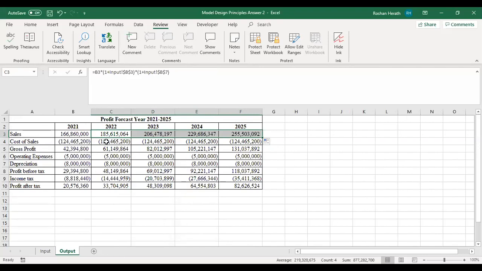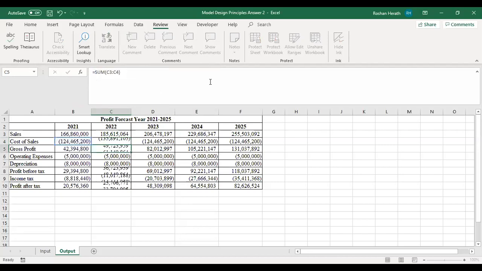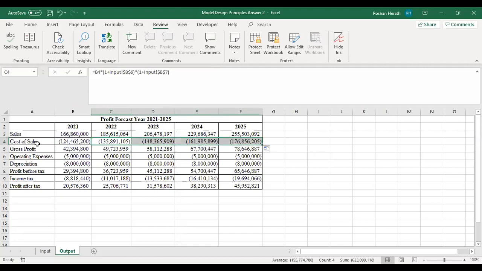Here also I have made the same mistake, which I shouldn't have. When I'm getting these figures, let me correct it. I would have referred to the previous year and then got the figures, by the same mistake that I made in the previous case. Now it is fine. So that is the most crucial aspect.